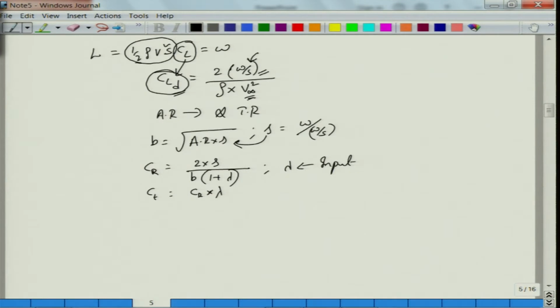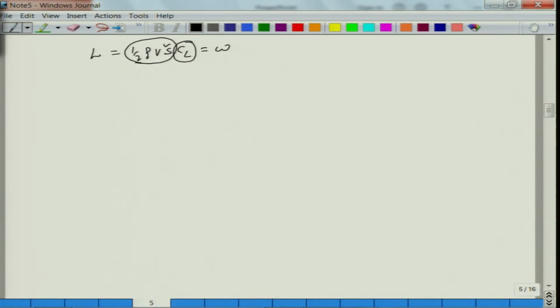Now, in the current lecture, we are going to discuss what should be CL alpha for the wing, and CL and alpha trim. In order to achieve this CL, which we call CL design, we need to talk in terms of what should be CL alpha of the planform, or CL naught of the planform, or the alpha at which CL is equal to 0.